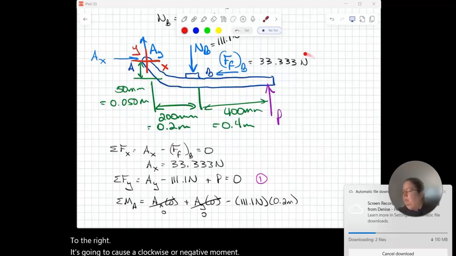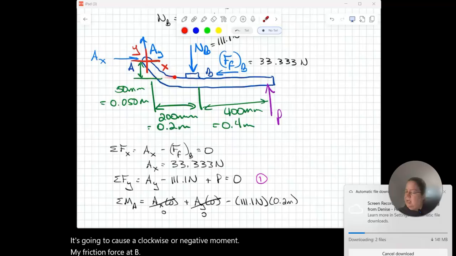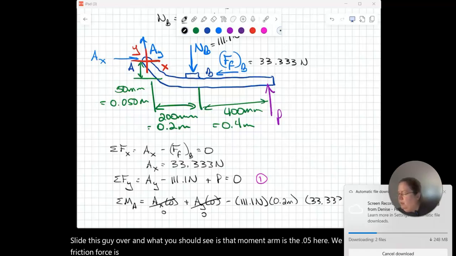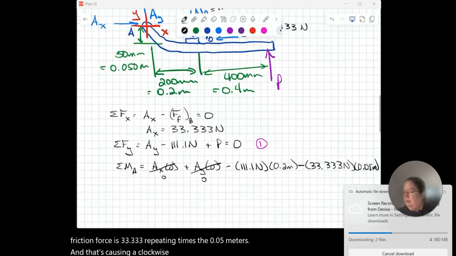My friction force at B, slide this guy over, and what you should see is that the moment arm is the 0.05 here. We know my friction force is 33.333 repeating times the 0.05 meters. And that's causing a clockwise moment, so it is also negative.